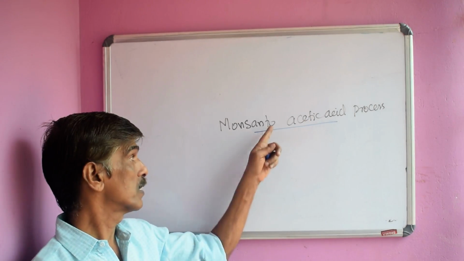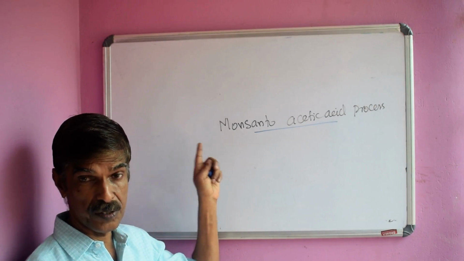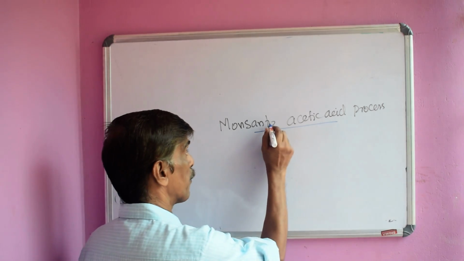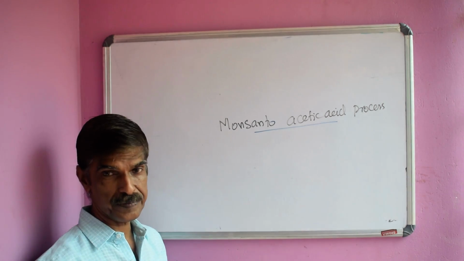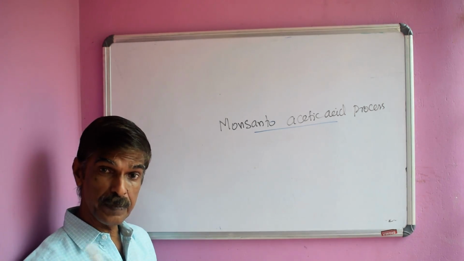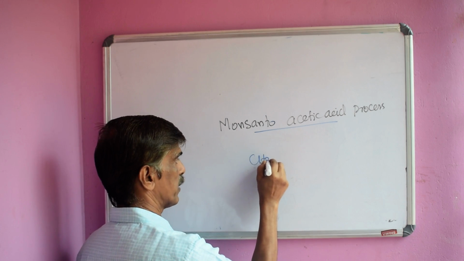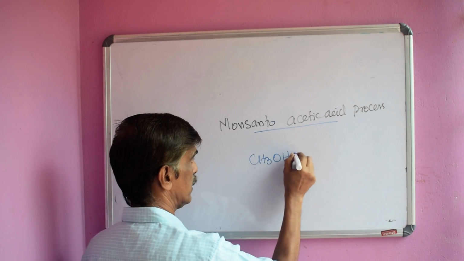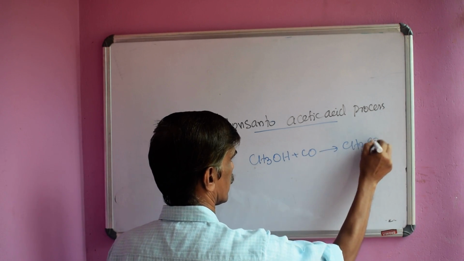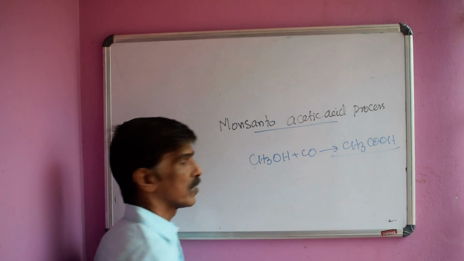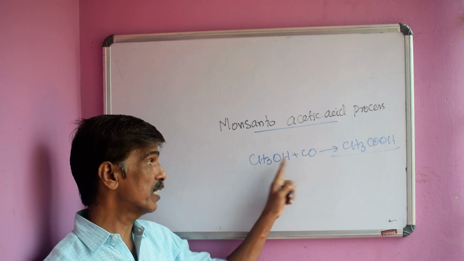This name is just a company's name, there is no need to worry about seeing that name. Monsanto is an American agricultural biotechnology company which developed this method. The process is the reaction of methanol with carbon monoxide, CO insertion, to form CH3COOH.